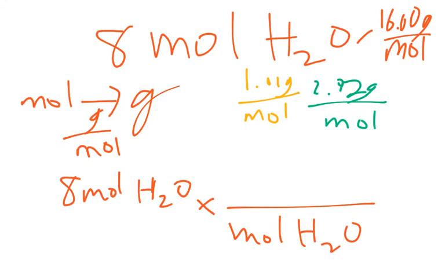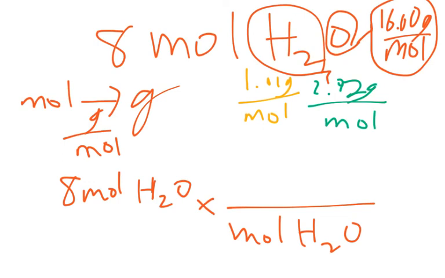Once you add the molar masses of each individual piece, the molar mass of 2 hydrogens, 2.02 grams per mole, and the molar mass of 1 oxygen atom, 16.00 grams per mole, adding up the molar masses of each component will give us the molar mass of the total. Our total here will be 18.02 grams per mole of H2O.